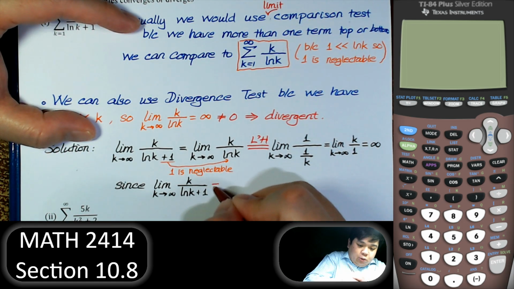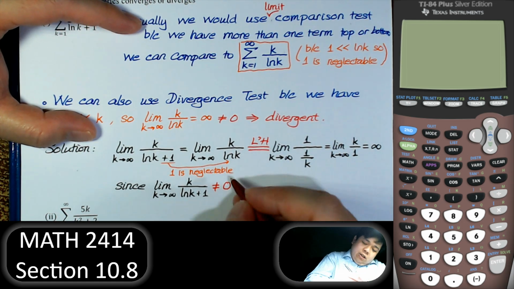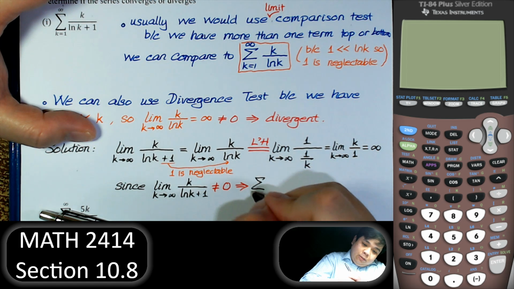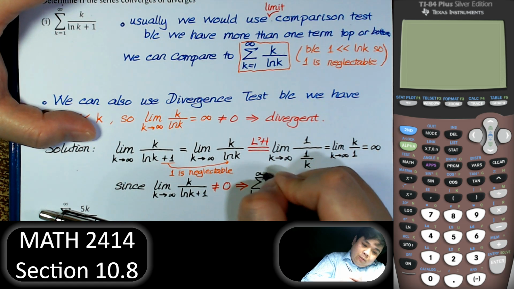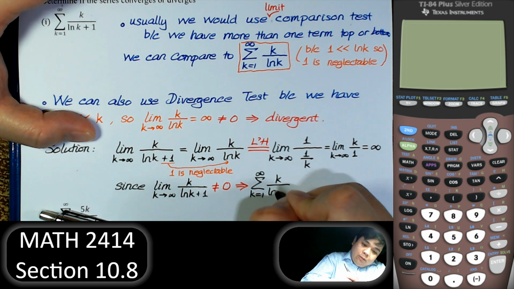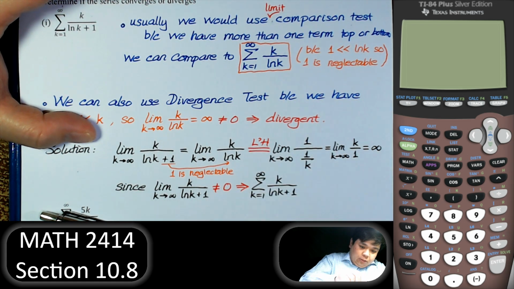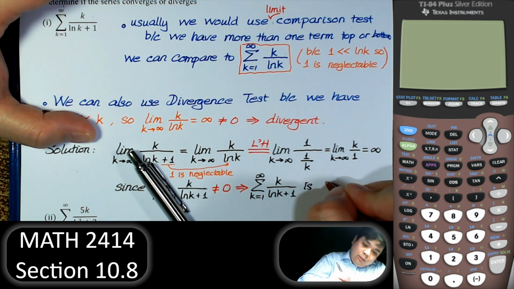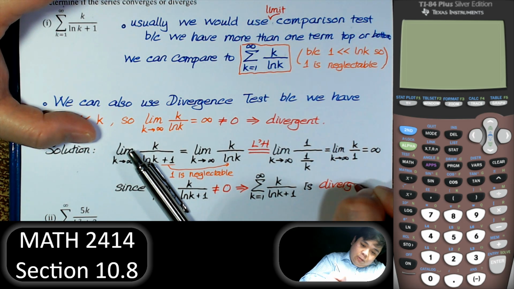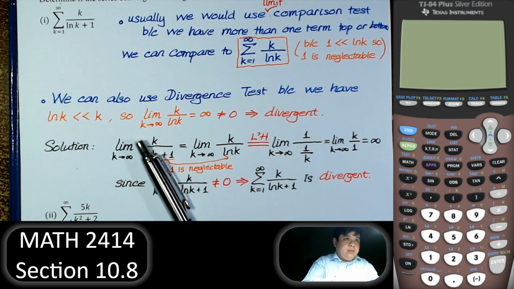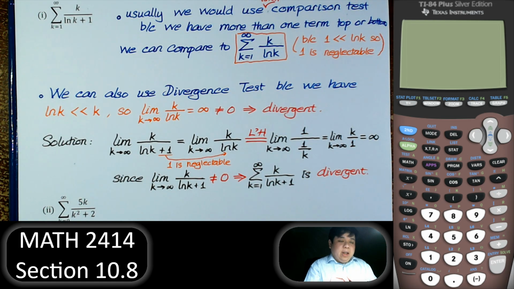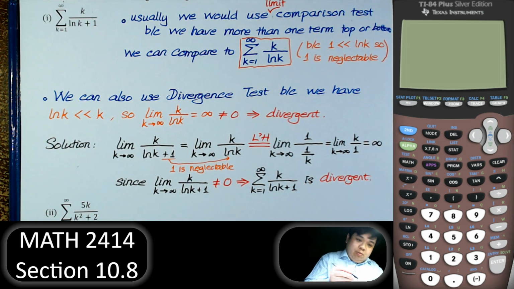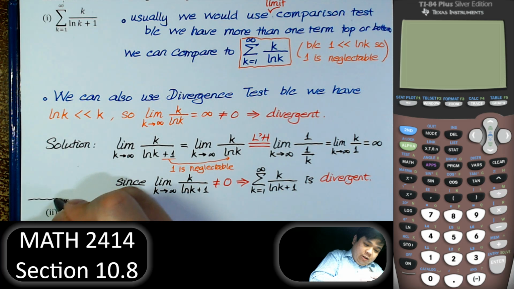So since it's not equal to 0, the series diverges. Right. So actually the solution is only these two lines, but we can use the limit comparison test as well.